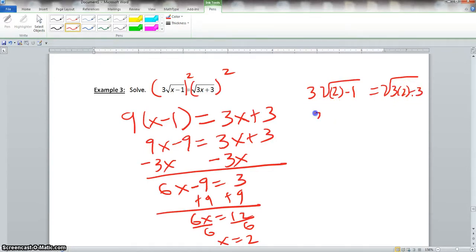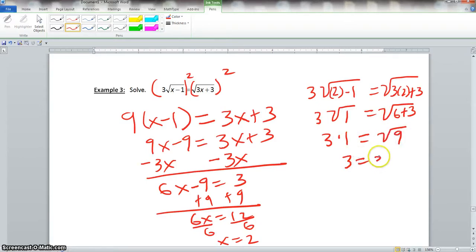So now we have 3 square root 1 is equal to the square root of, this is 6 minus 3, plus 3. So we have 3, the square root of 1 is 1, is equal to the square root of 9. 3 times 1 is 3, and the square root of 9 is 3. So this x equals 2 works.